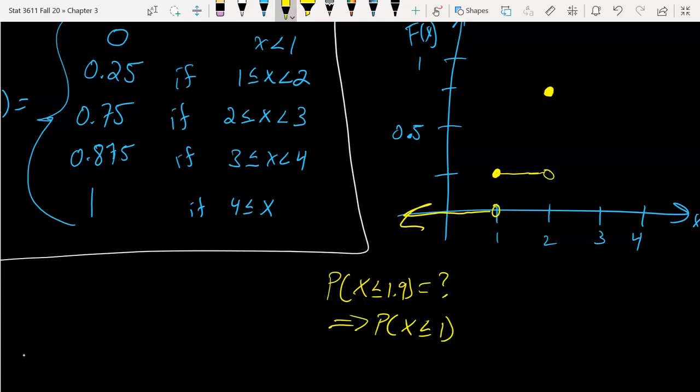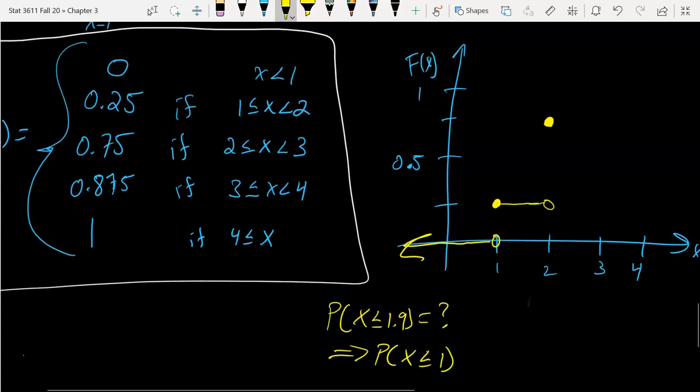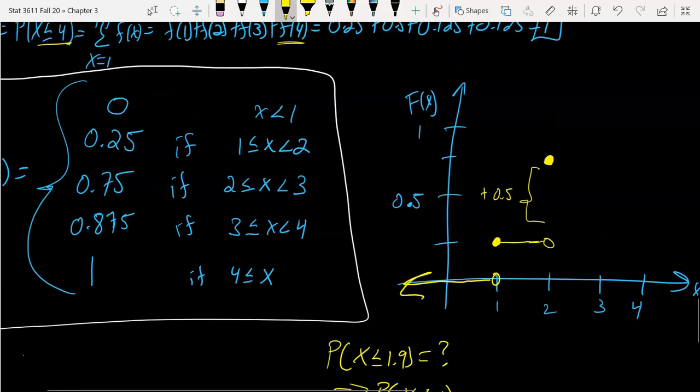There we go. There's that. And then this is going to have a jump, an increase. That jump right there is a height of an additional 0.5. And then from 2 to 3, nothing changes. From 2 to 3, based on our probability mass function, nothing changes.